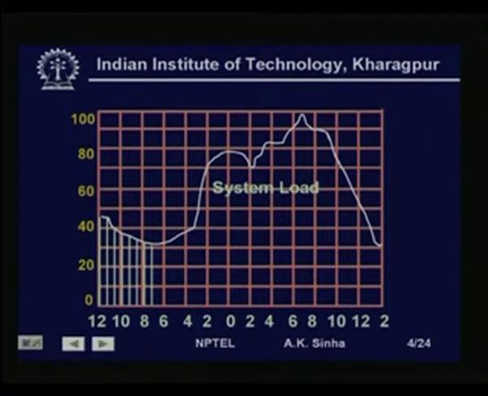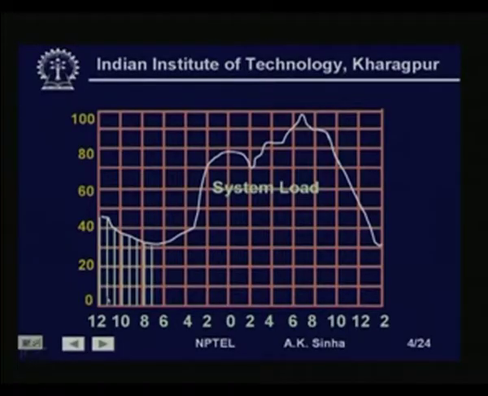What we really do is consider the loads at any given instant. As shown from these lines, we consider the load at this particular instant to be this much, at this particular instant it is this much, and these instants that we choose are of very short duration.